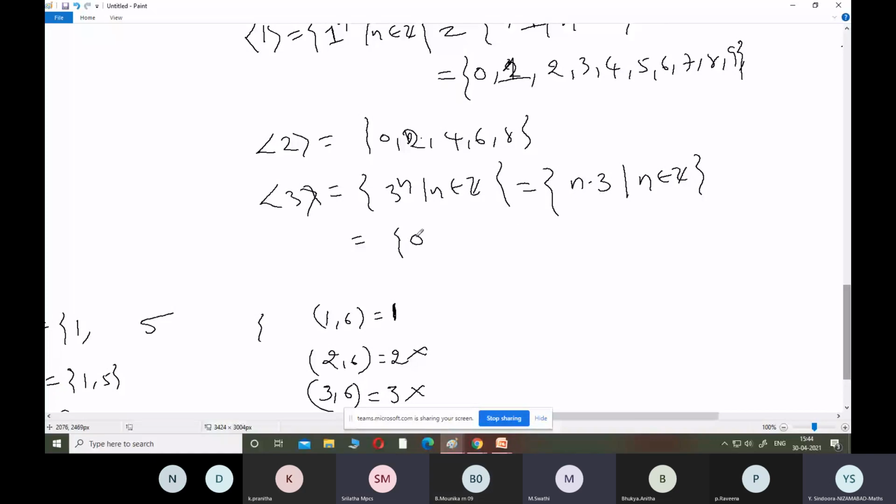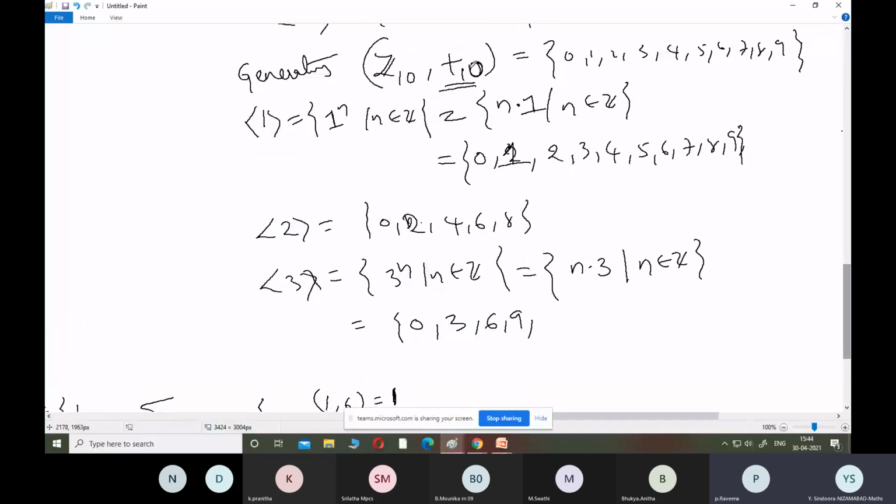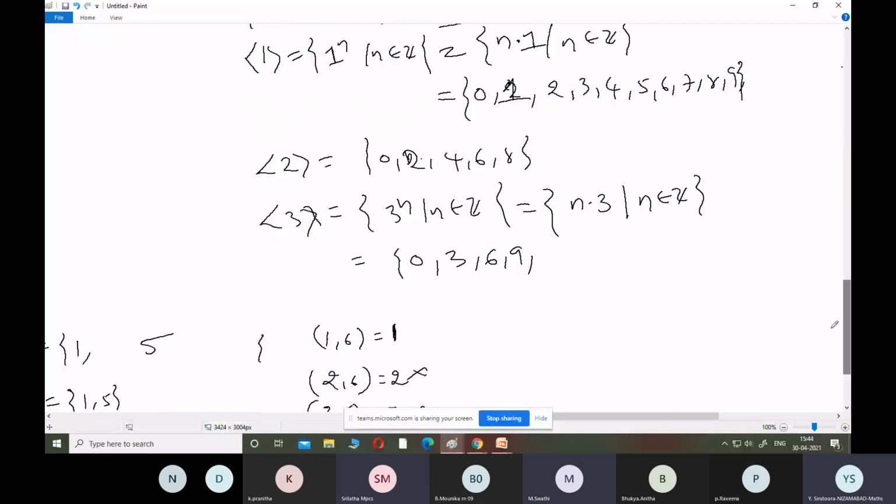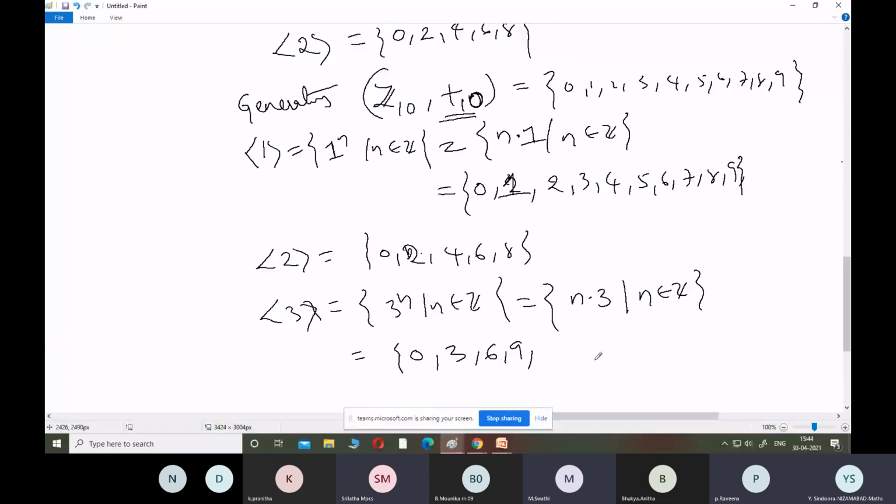0. Very good. 3. 6. 9. Then 12, which is 2 under addition modulo 10. Very good. Next, 5. Very good.